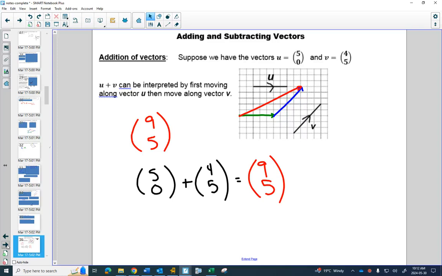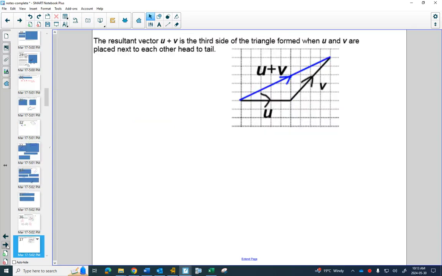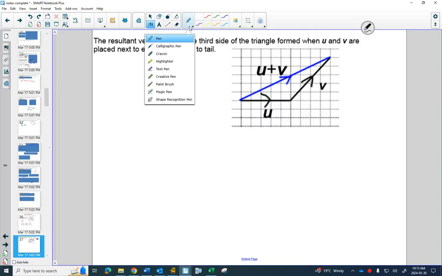Pretty straightforward, right? All you're doing is adding your x values and adding your y values and getting the answer. There it is. There's the resultant. And again, we highlight something important here.